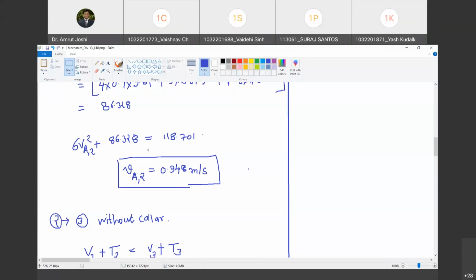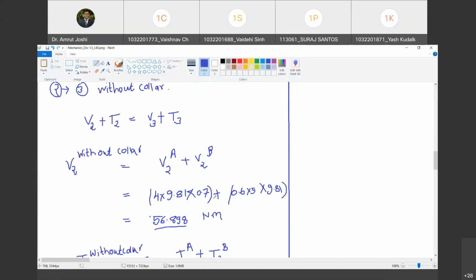Yeah, I have made a mistake here. How much are you getting? 2.32, right? Yes, sir, I also got the same. I don't know how I managed to make the same mistake twice, but anyway, it is 2.32 meter per second, right?